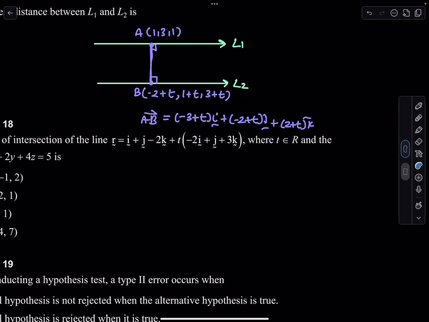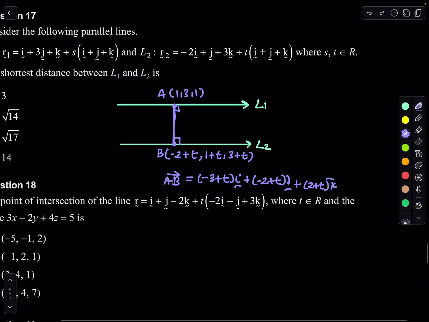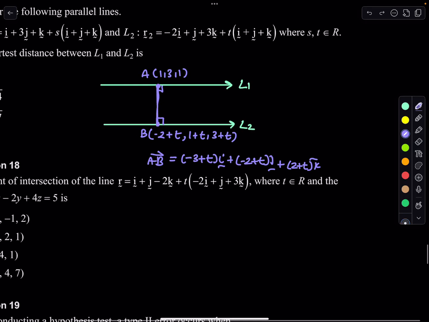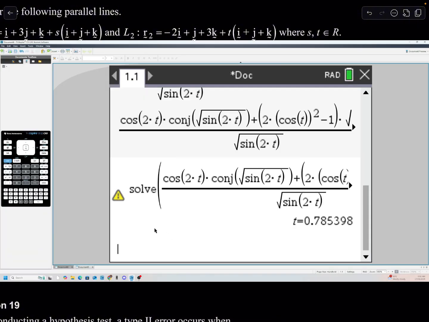And we know that AB has to be perpendicular to both line 1 and line 2. It doesn't matter which one you choose, just one of them, because they both have the same directional vector. So what we can do is take the dot product of AB with the directional vector, which is i plus j plus k, and it has to equal 0. I'm really taking the long process here, which is not really good.